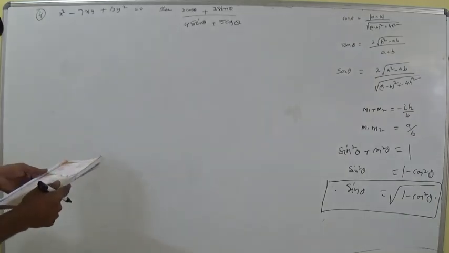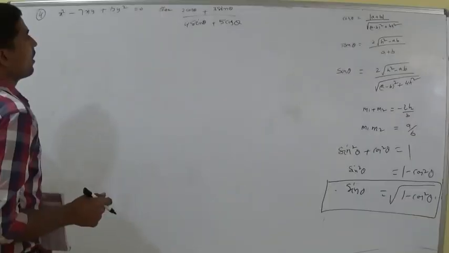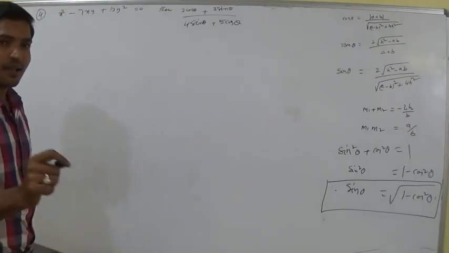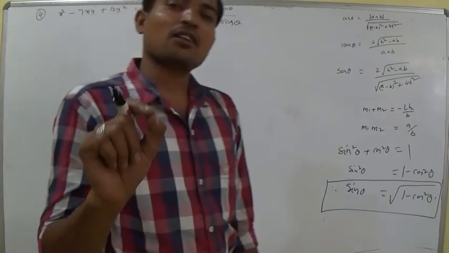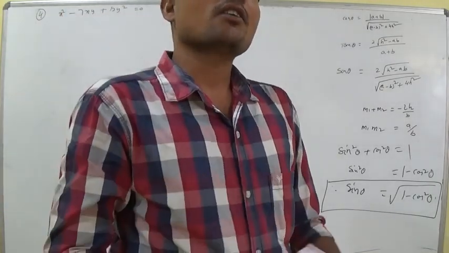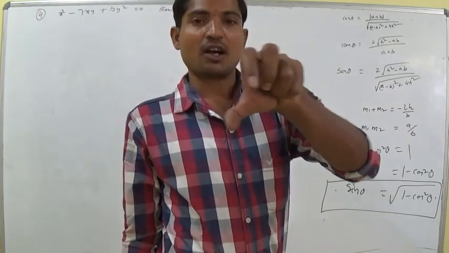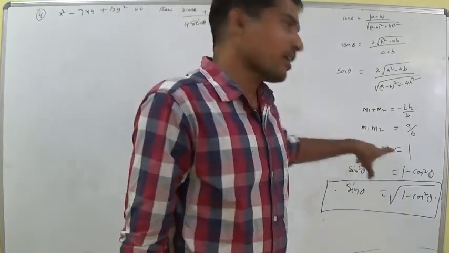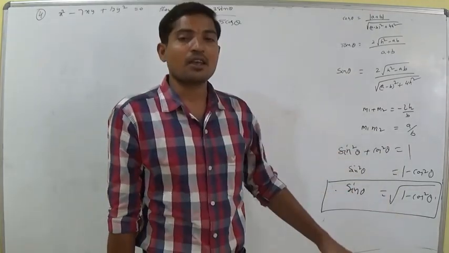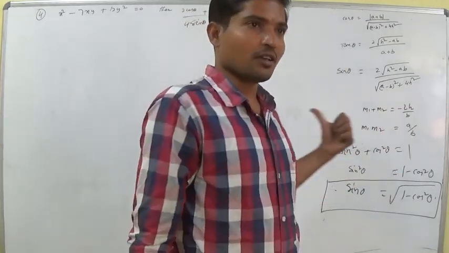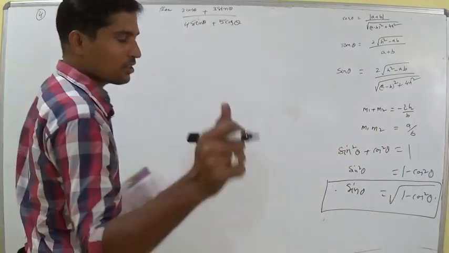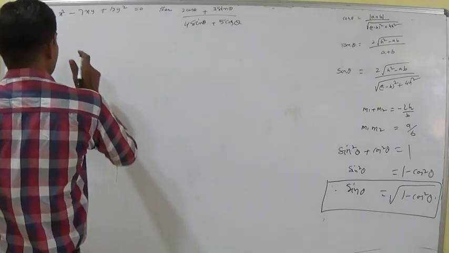Here we have cos theta and sin theta. Let us find the value of cos theta. Then after, with the help of cos theta value, we'll find the sin theta using this identity and substitute here, we can get the value, right? Let us try for cos theta.